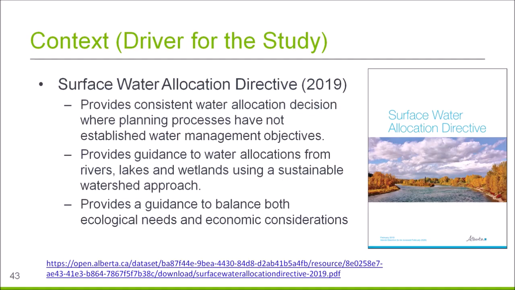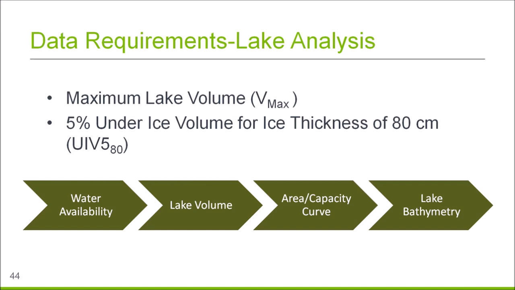Now, in order to do the work for the directive, I had to do a lot of applied research to find out how much water is actually available in lakes. So that's the water availability, right? In order to know that, we have to know the volume of a lake, right?